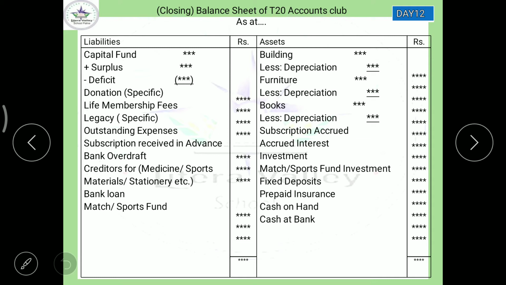Capital fund: if there is a surplus, it will be added, and if deficit, it will be subtracted from that one. Donation, a specific donation, is there. Life membership fee is always a liability. Legacy with a specific condition is there.